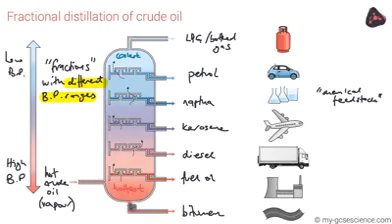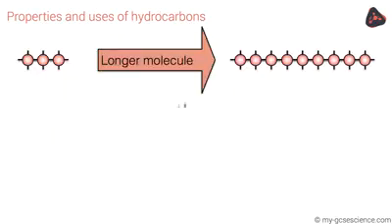The liquids with the highest boiling points will condense at the bottom, and the liquids with the lowest boiling points will condense at the top. So this idea of evaporation at the beginning and condensation as the gases rise up the chamber is really important.